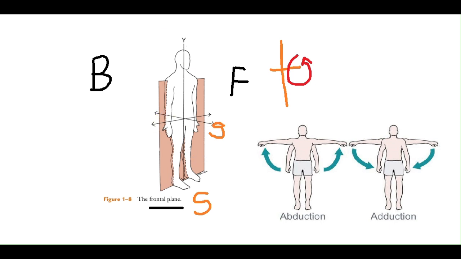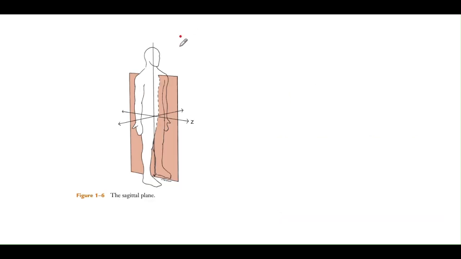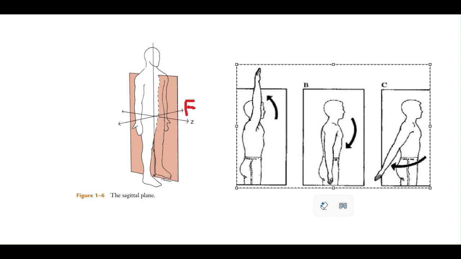Okay, now let us move on to the sagittal plane and frontal axis. In case of the sagittal plane, the associated axis is the frontal axis. The frontal axis again lies perpendicular to the sagittal plane, and the movement that is taking place in this is flexion of shoulder joint and the extension of the shoulder joint.